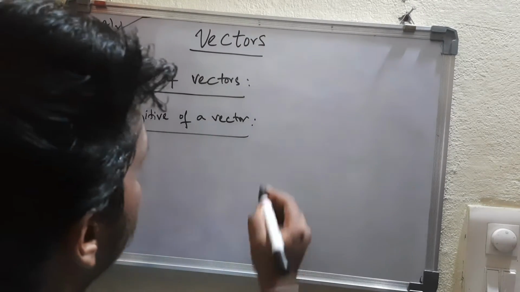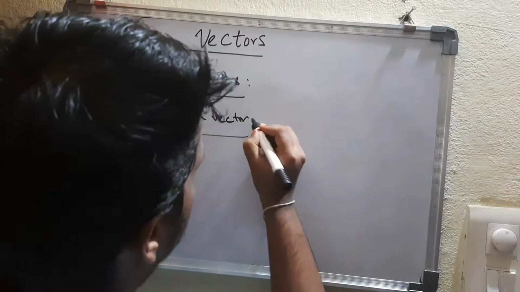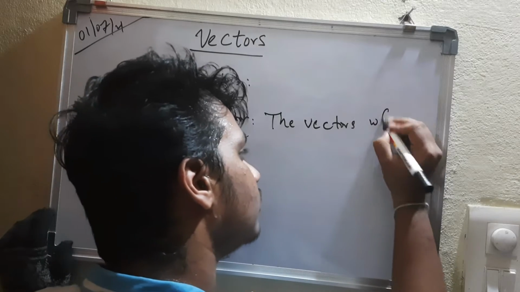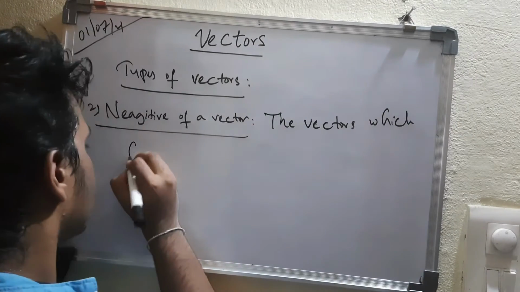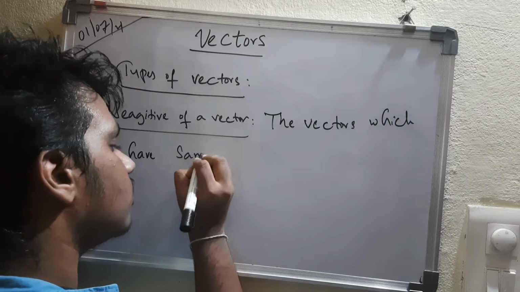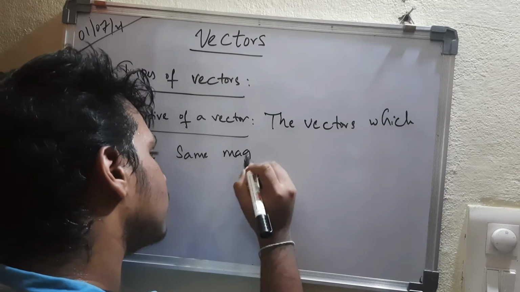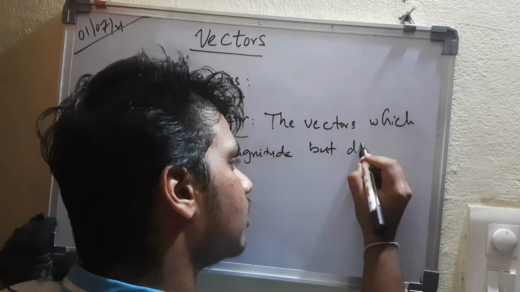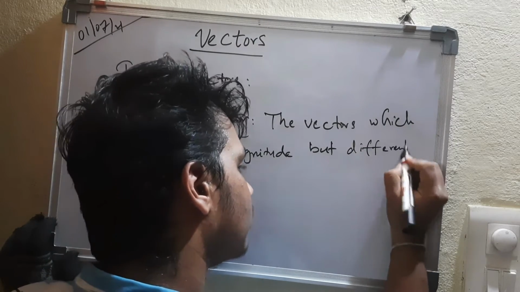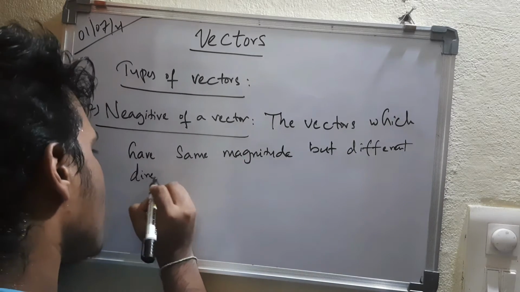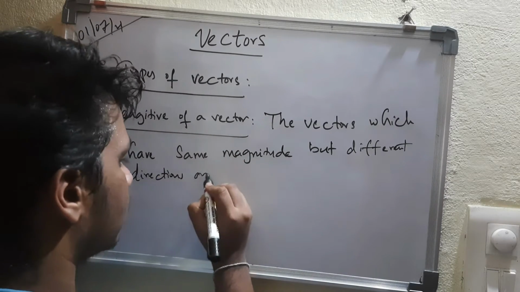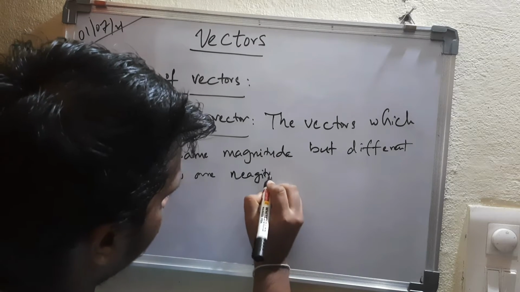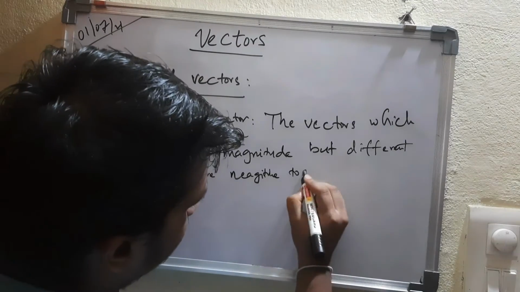Negative of a vector. The vectors which have the same magnitude but different directions are negative to each other.